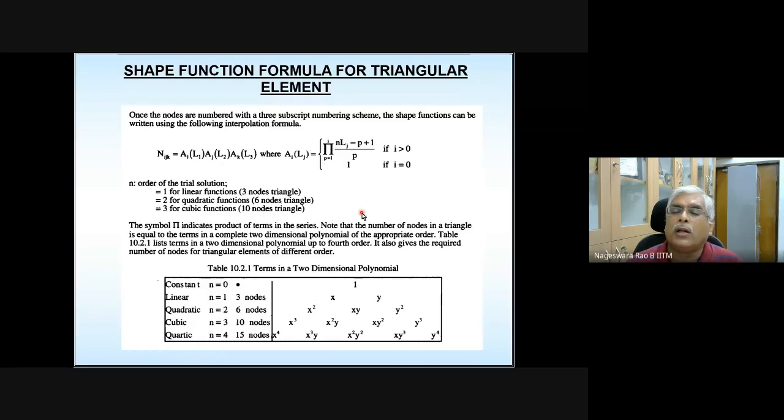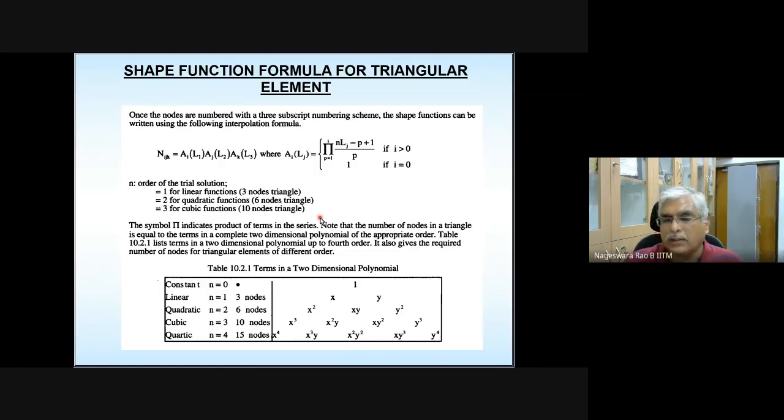The starting polynomial is going to be lengthier, and then finally that inversion and other things, finding these coefficients and substituting, all that procedure is going to get complicated. Instead of that, you can use this method. Okay? So using this, you can derive shape functions for 3-node, 6-node, 10-node elements also. So you think about this.